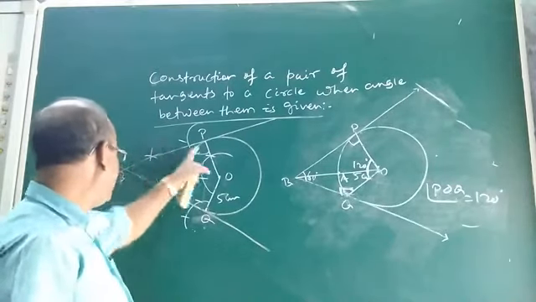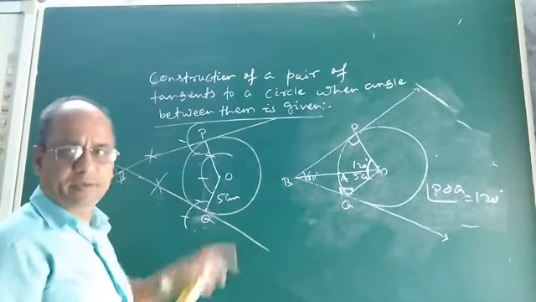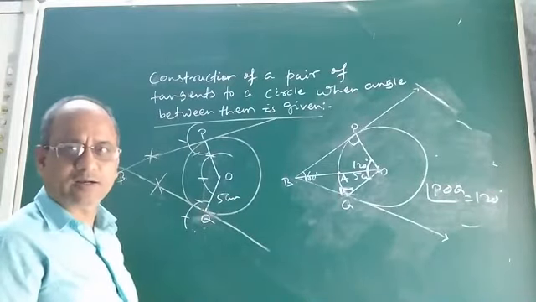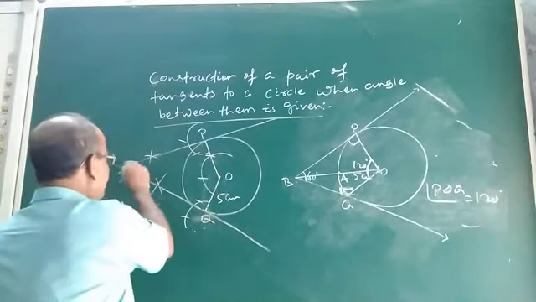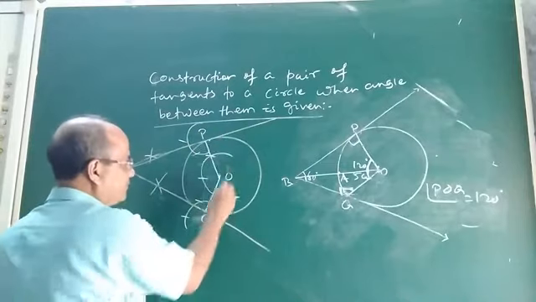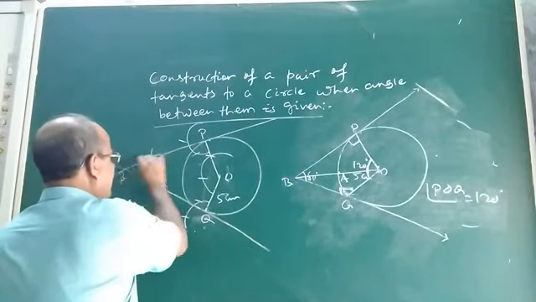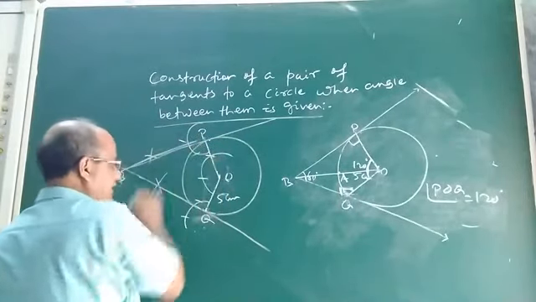Then what will happen? Now tell me, what are BP and BQ? Clearly BP and BQ are tangents, because the angle between BP and OP is 90 degrees.